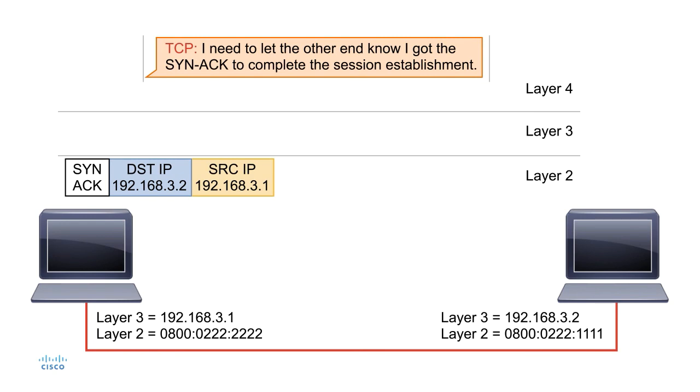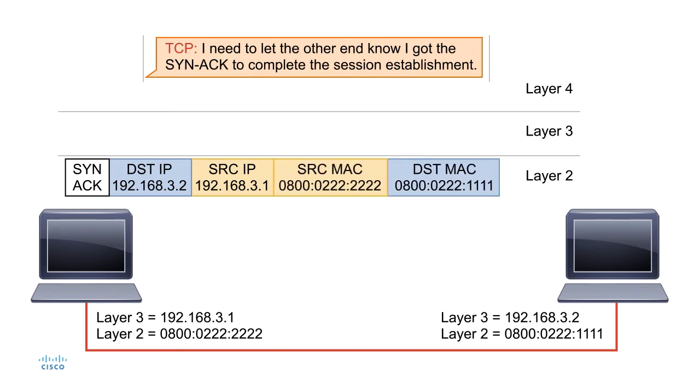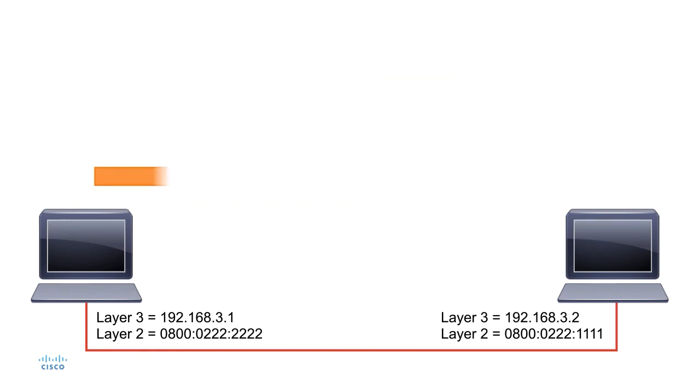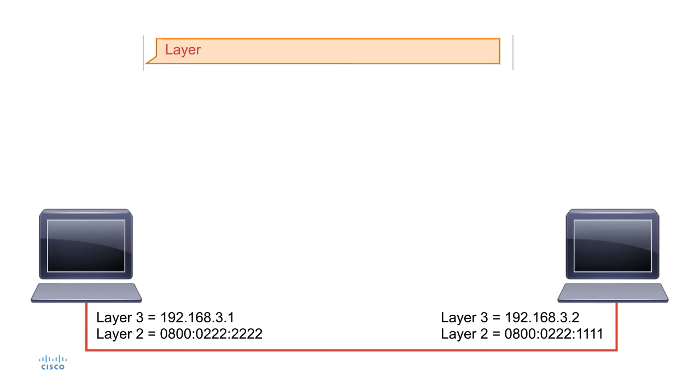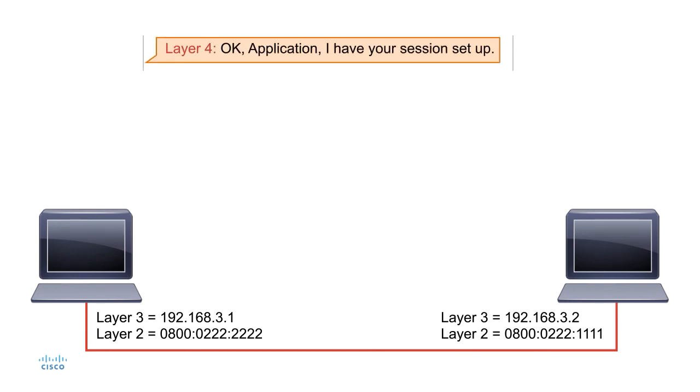Data link layer adds source and destination MAC address information into its header and then sends it out on the wire. Gets to the other side, and we're good. So at this point, we've done the three-way handshake, and layer 4 can now report back to the application, hey, I've set up your session.